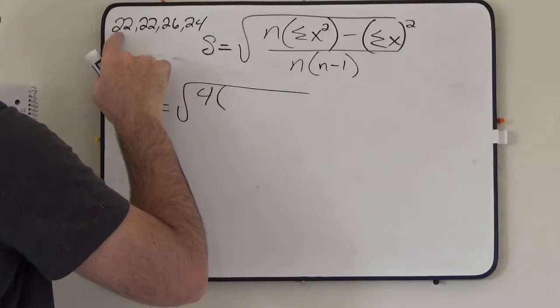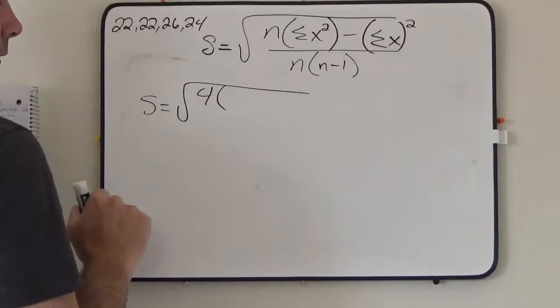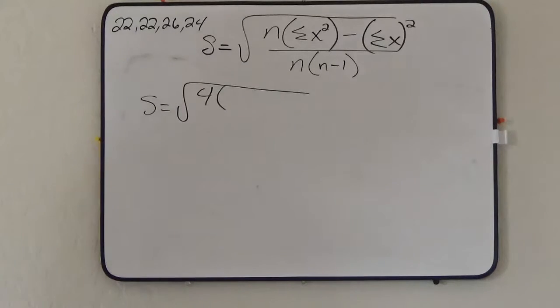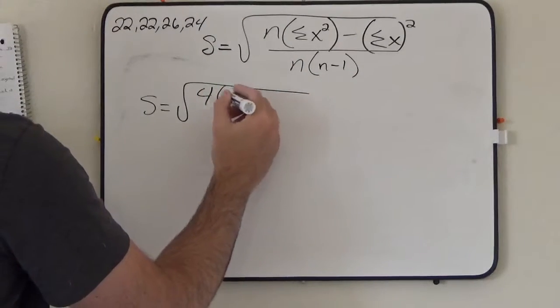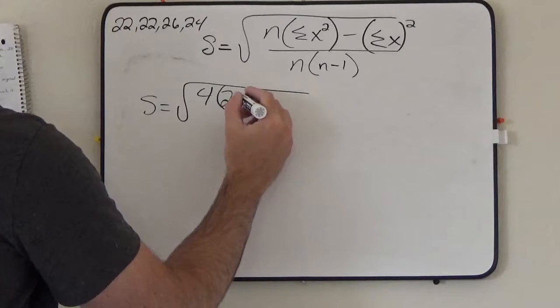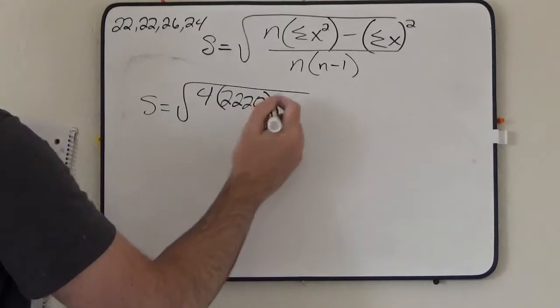So I'm going to square 22, square 22, square 26, square 24. When I square something, what that means is I do 22 times 22, right? 26 times 26, 24 times 24. That's squaring it. And then I'm going to add those answers together, and what I get is 2,220 minus.